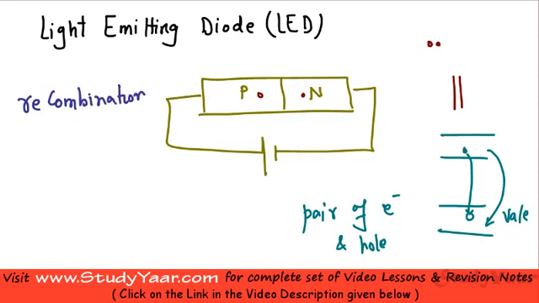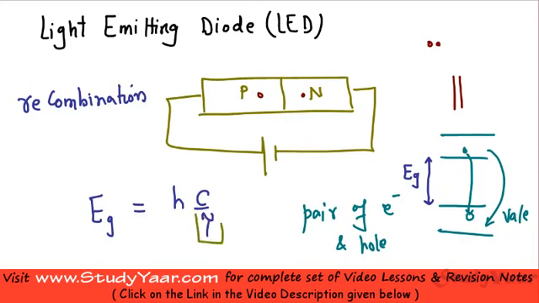You know this gap between your valence and conduction band is Eg, the energy gap, and since the electron is going back to the valence band, it is giving out energy. Now this energy can be emitted in the form of radiation, which has a wavelength given by hc/lambda.